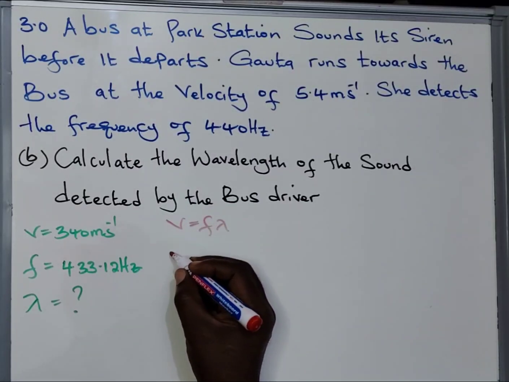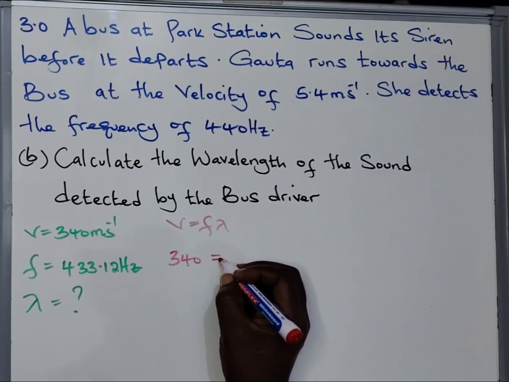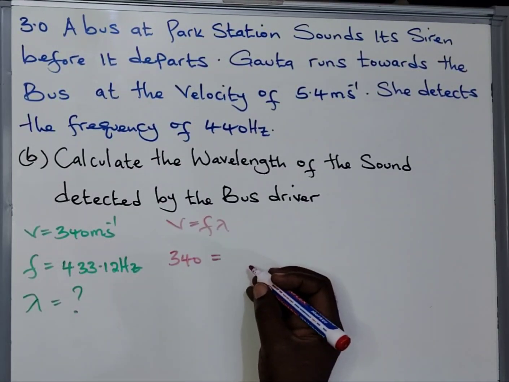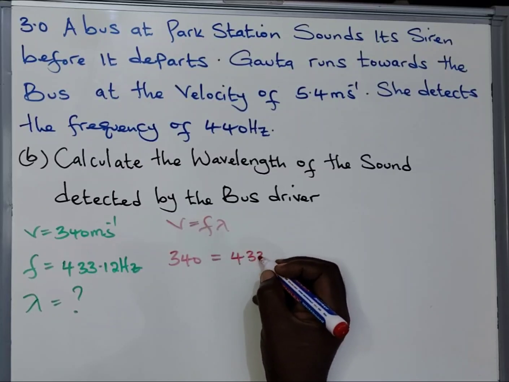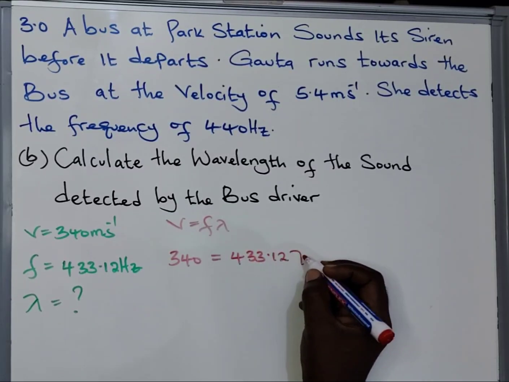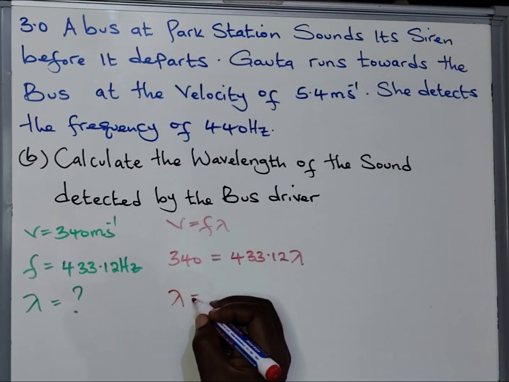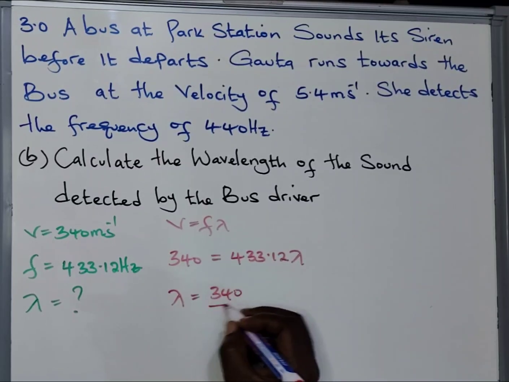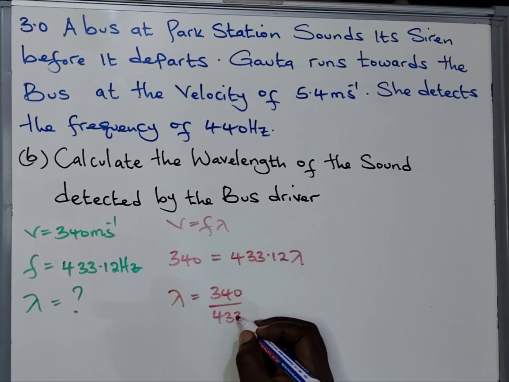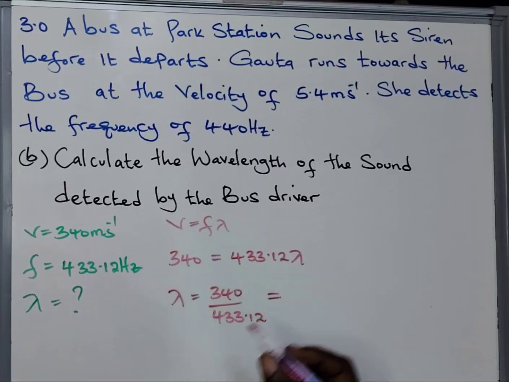You have V, which is 340, and frequency, which is 433.12, times lambda. In other words, our lambda is going to be 340 over 433.12. What you get there is going to be our wavelength in meters. So that is what we get, 0.785 meters.